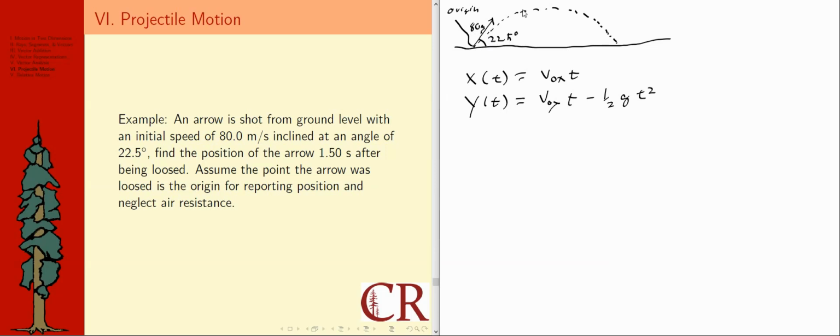And then at some later time, let's say there's some point right here. Again, this may not be at all accurate, I'm just drawing it for sketching purposes, but let's imagine that there's some later point that corresponds to 1.5 seconds later, and I'm wondering what the x and y position values are at that point, since it says find the position of the arrow 1.50 seconds after being loosed.